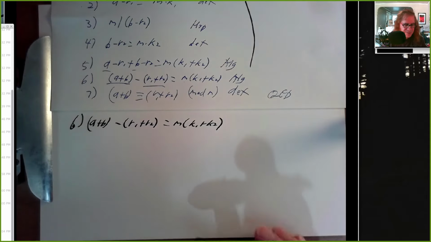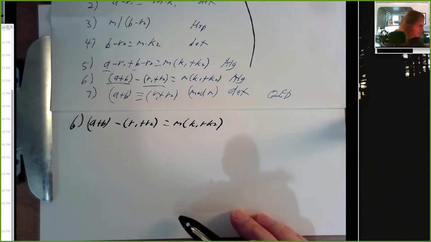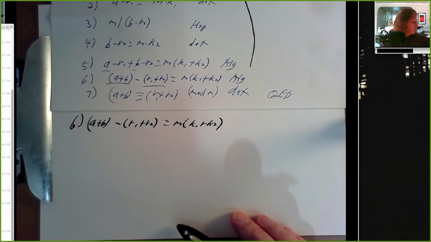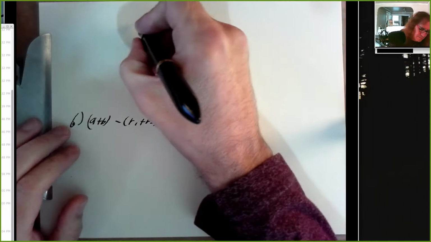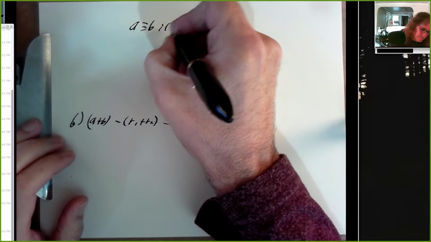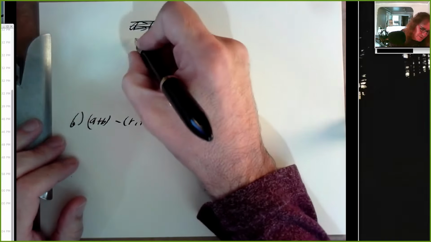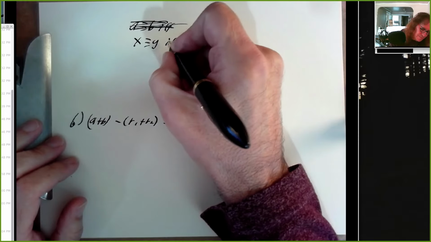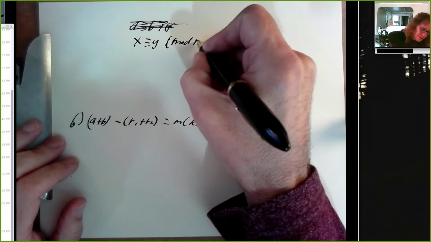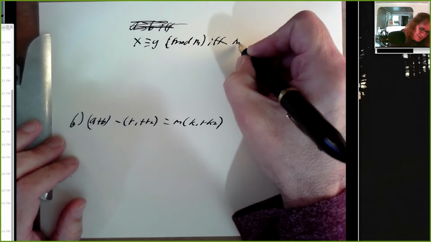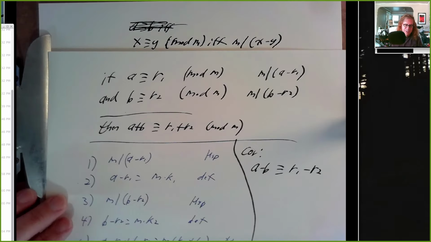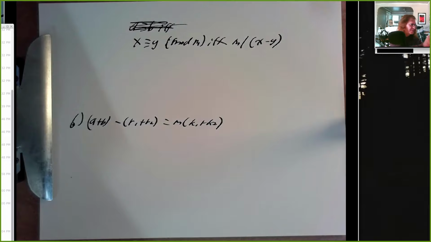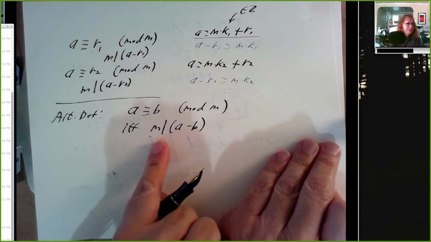Our definition of congruence, did I write it down even? Let me use different symbols here. X is congruent to Y modulo M if and only if M divides their difference. That was our alternate definition of congruence that we did here.